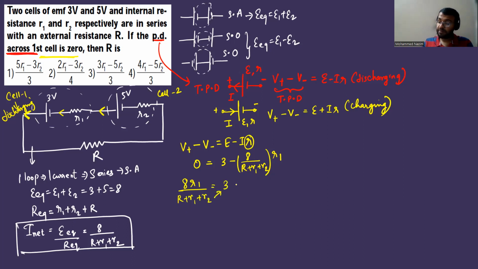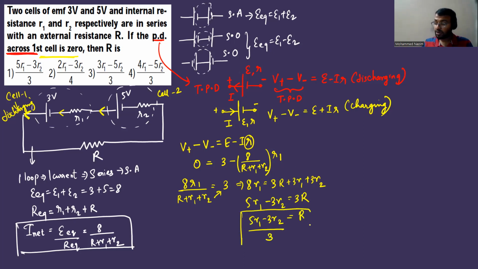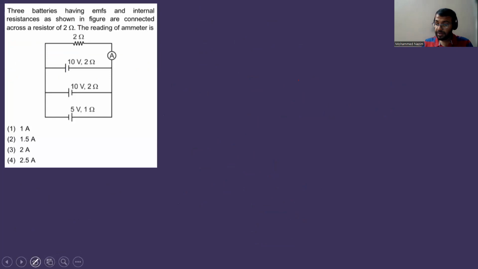And then this will become 8R1 equal to 3R plus 3R1 plus 3R2. So 8R1 minus 3R1 is 5R1. 5R1 minus 3R2 equal to 3R, or the value of R is going to be 5R1 minus 3R2 divided by 3. So that matches with option number 1, isn't it? That matches with option number 1. Is it clear, everyone? So let us go with the next question.